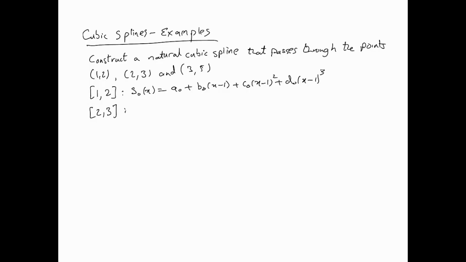The next one is s1 of x, equal to a1 plus b1 times (x minus 2), and so on, since the first point in this interval is 2. So your first step will always be to split the regions, and for each region there will be a polynomial. Three points means there will be 2 polynomials, 2 splines.